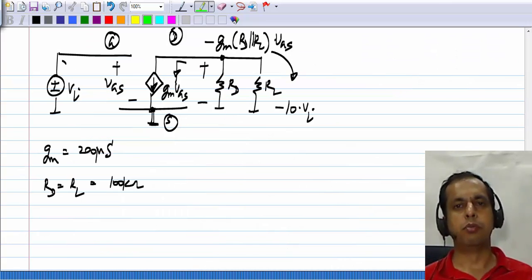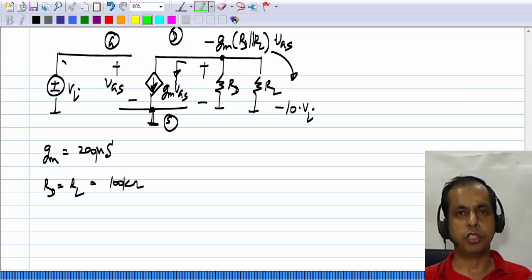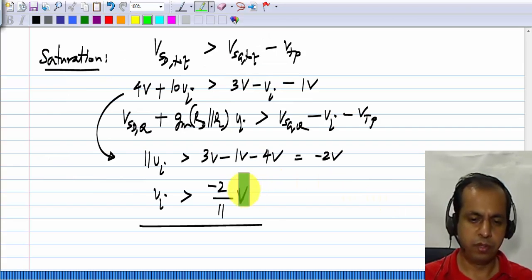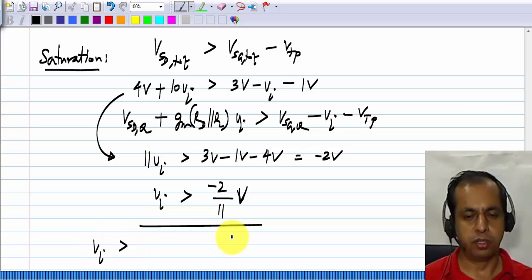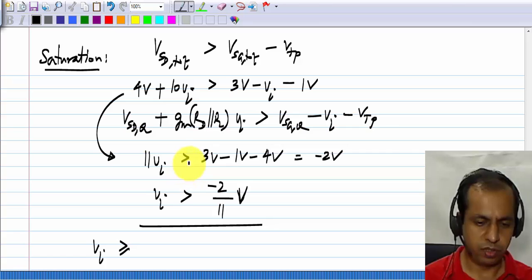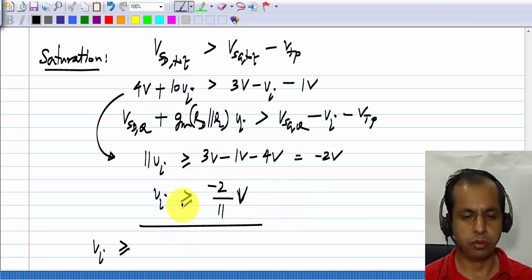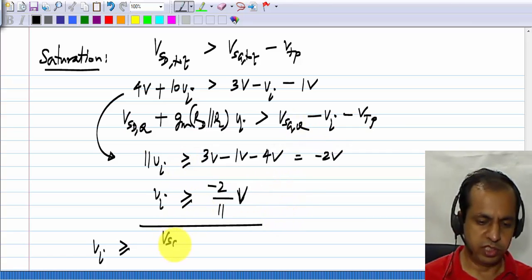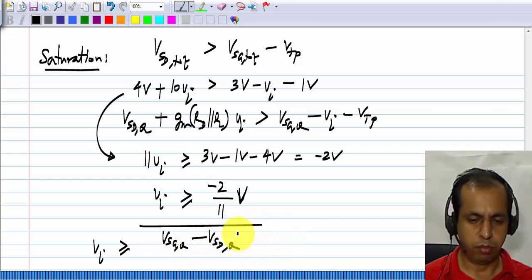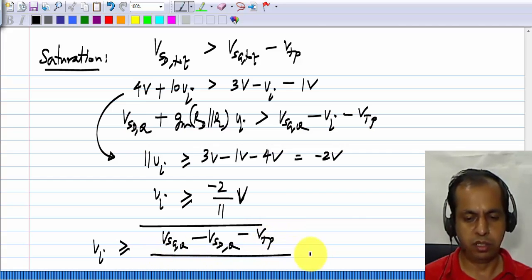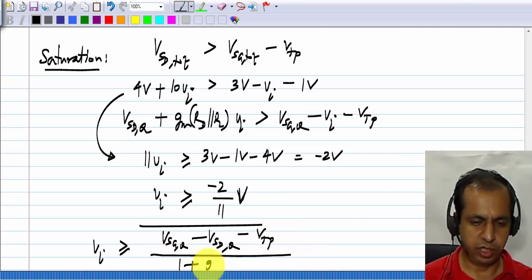Because the polarities of currents and voltages are reversed, the swing limits are opposite in case of PMOS as compared to NMOS. And again, I'll write it in general terms. Vi has to be greater than or equal to VSGQ minus VSDQ minus VTP divided by 1 plus GM RD parallel RL.